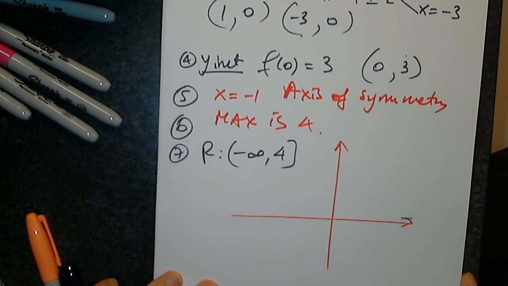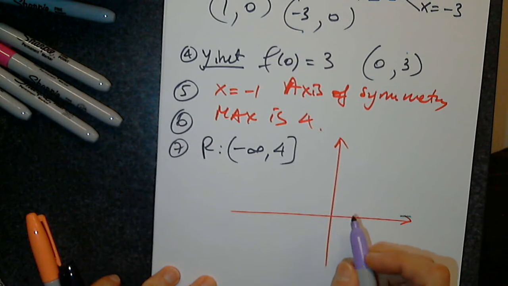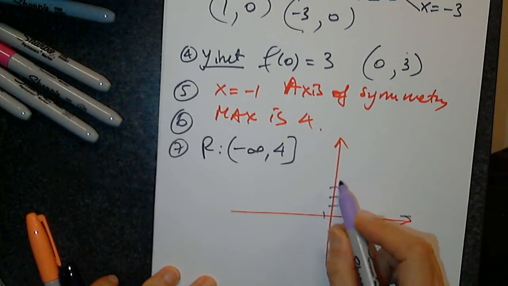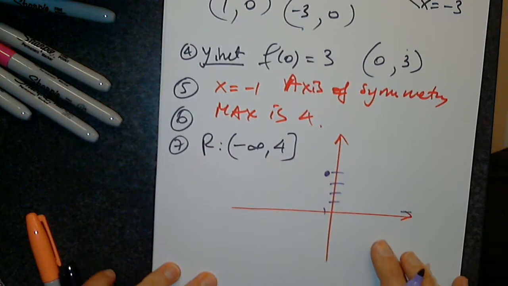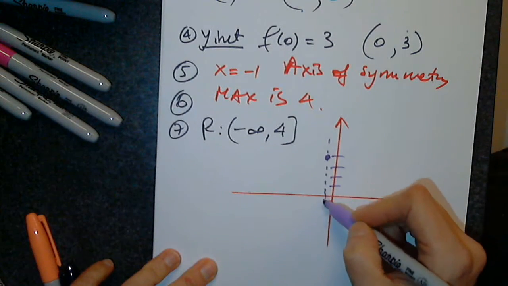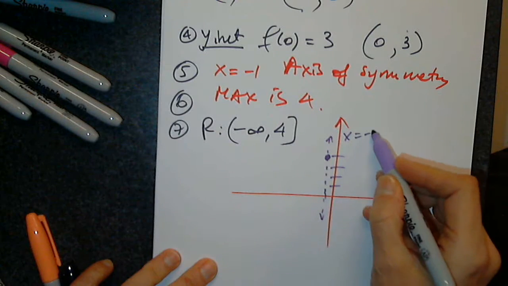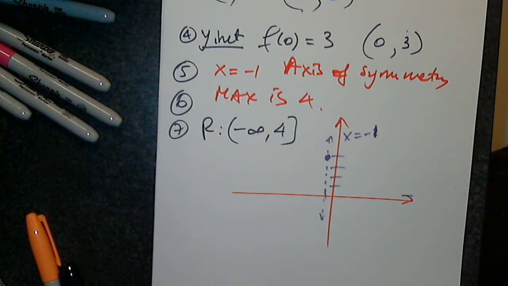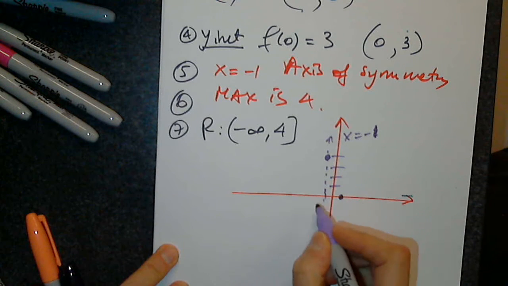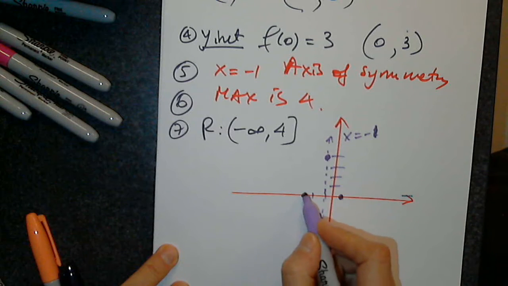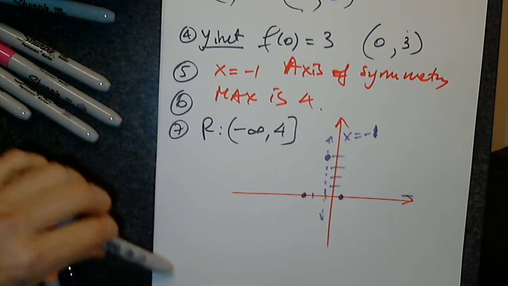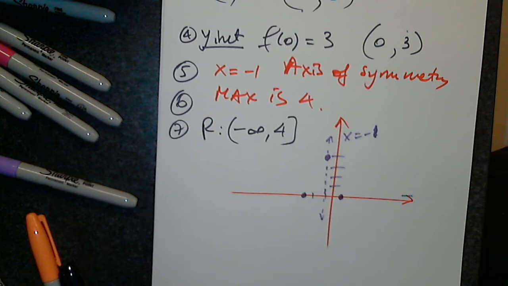I start with the vertex, which was -1, 4. I continue with the axis of symmetry, which only helps me to keep the graph in shape, x equals -1. I continue with the x-intercept, 1, 0, and let me just make a point here.